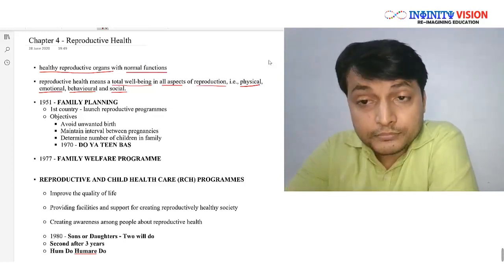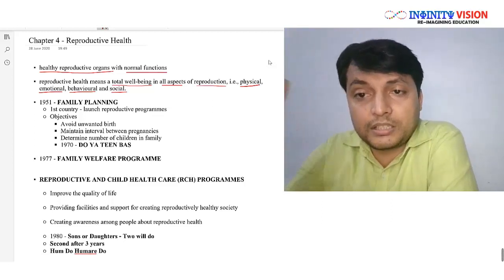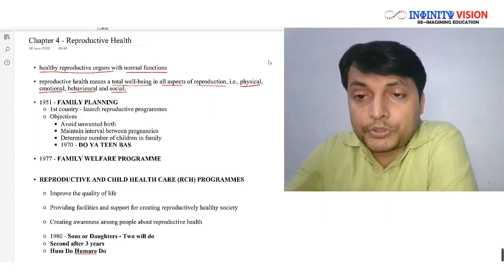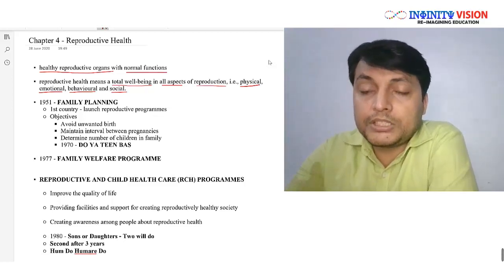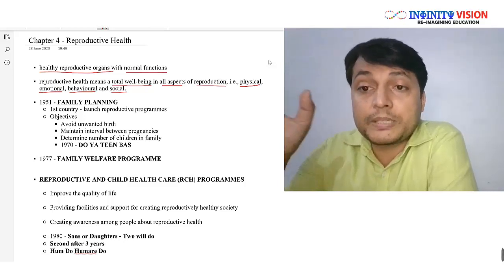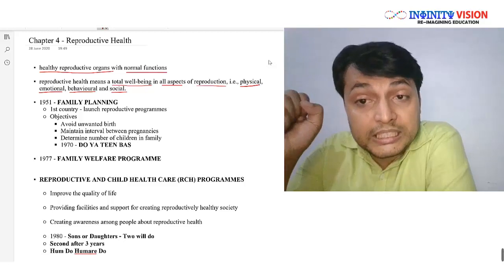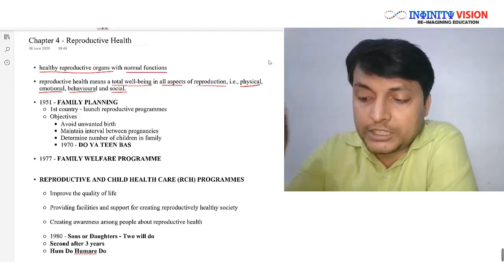None of these advanced countries or any other country had such a program by then. So it was a very forward and very good decision of the government, because the Indian society was really in need of these programs, and we are still in need of such programs.